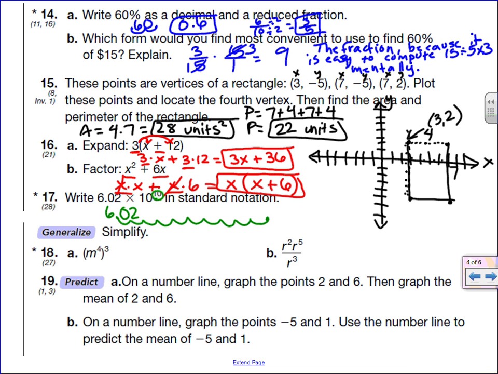Anything that has a bump but no number above it gets a 0. So it looks like it will be 60,200,000,000.